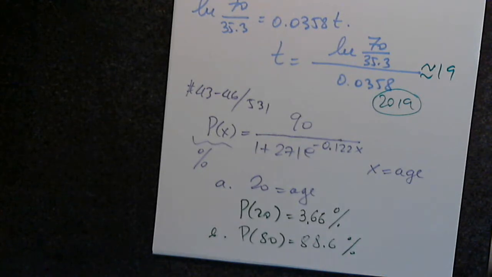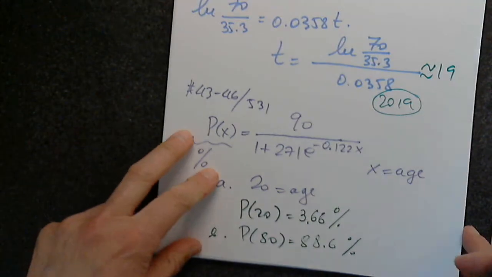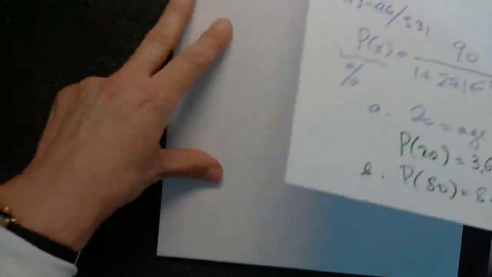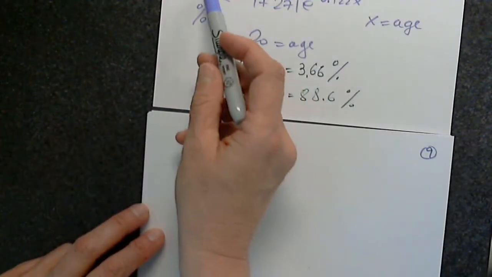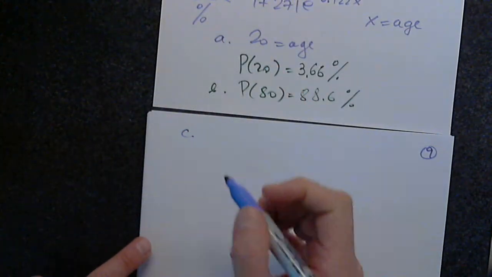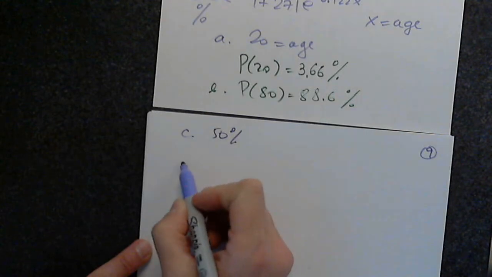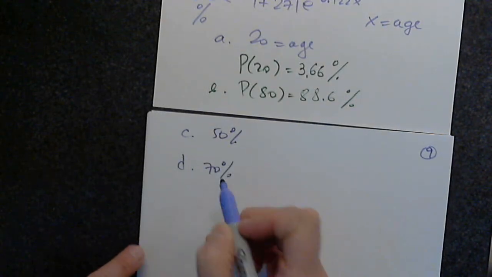Okay, the other two. At what age is the percentage of some coronary heart disease 50%, and the last question 70%? This is 43, 44, 45, 46. So 50% and part D 70%.